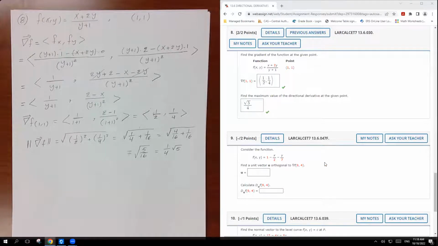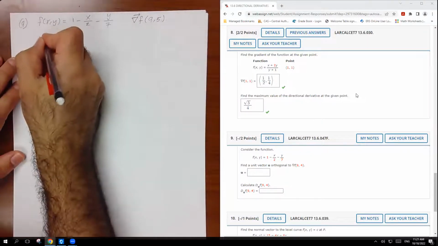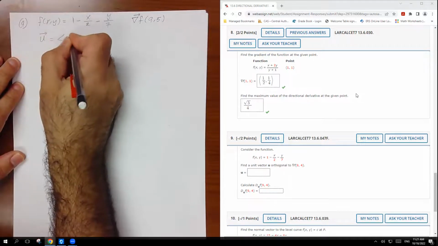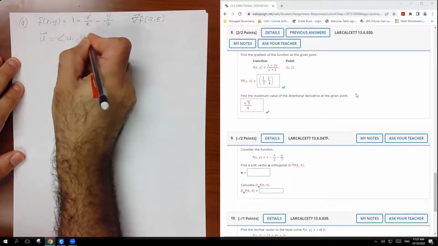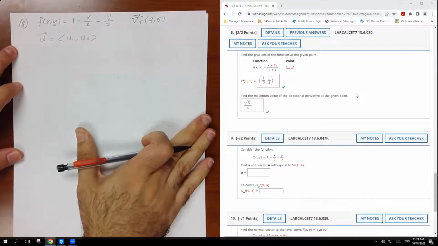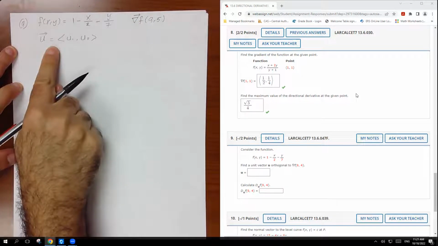Now we're going to do the same thing with example 9. We're going to assume that our unit vector u is going to be with these two components, u1 and u2. That means we can multiply the gradients with the unit vector.